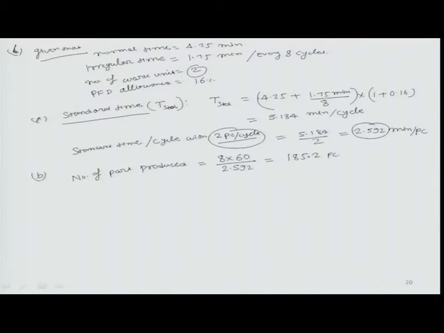Now you will have to round it, and this has to be an even number, because the number of work units is 2. So we can't go beyond 185.2 pieces, so this will be 184 pieces. Okay. It must be an integer multiple of 2.